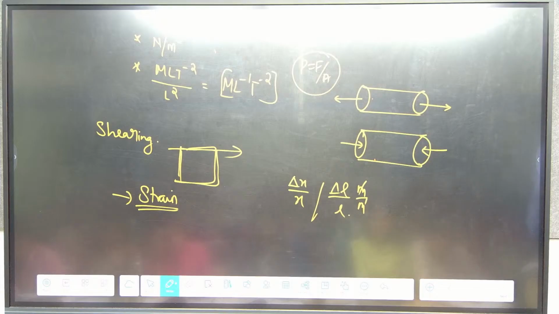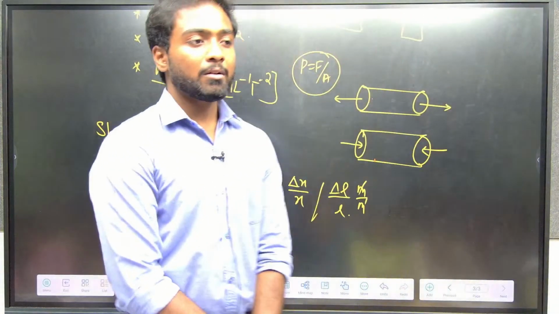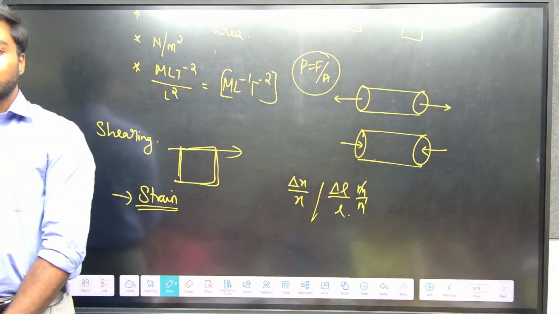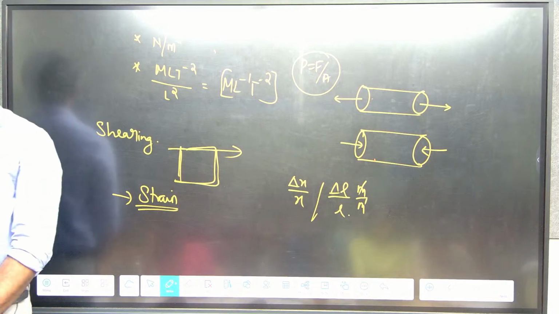There is no SI unit, there is no dimension. Okay. So write the first subheading: normal strain or longitudinal strain.